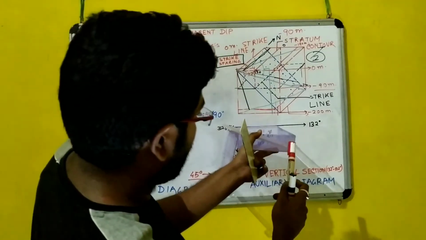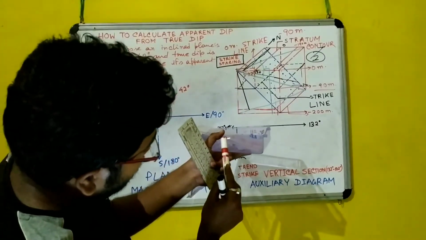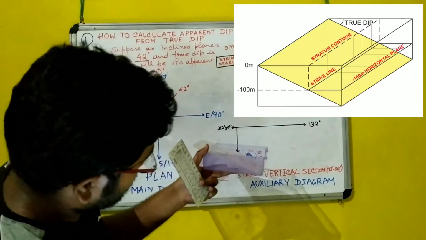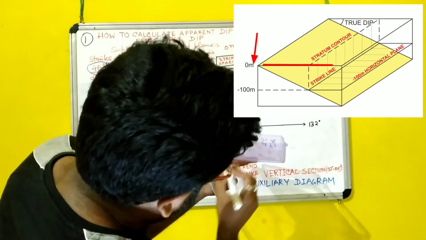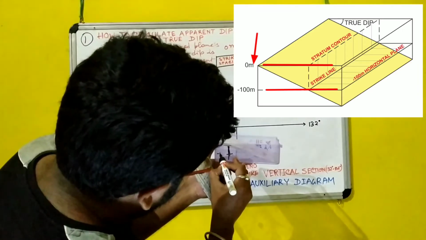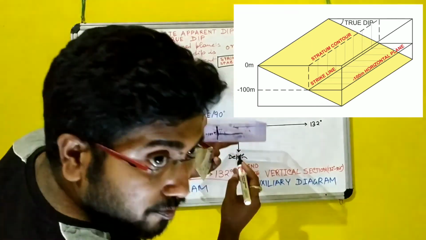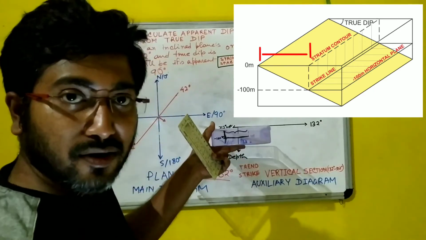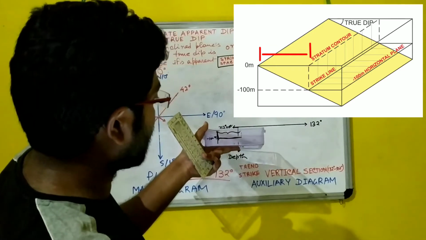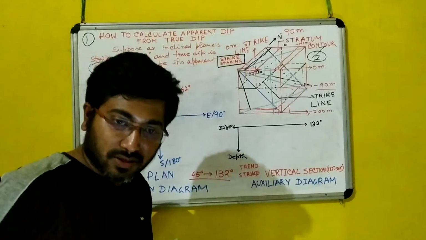Now we have projected this plane into this, and suppose at this level this is 0 meter, this one is 0 meter level, and suppose I have a minus 100 meter horizontal plane intersecting this inclined plane here. If we project this point vertically upward to the surface, we will get the strike spacing of the 0 meter stratum contour and the minus 100 meter stratum contour. So we will apply this here.